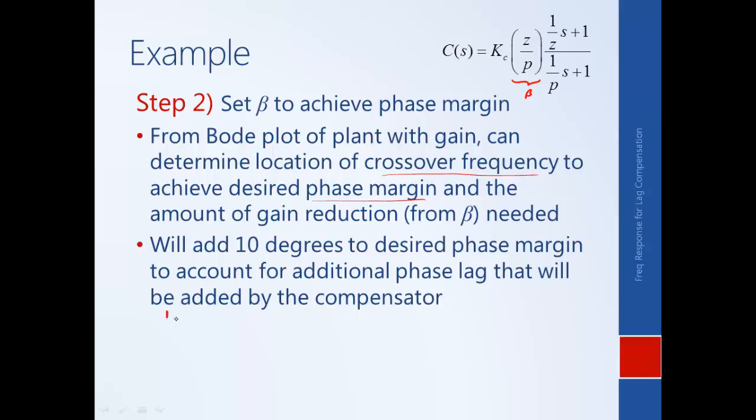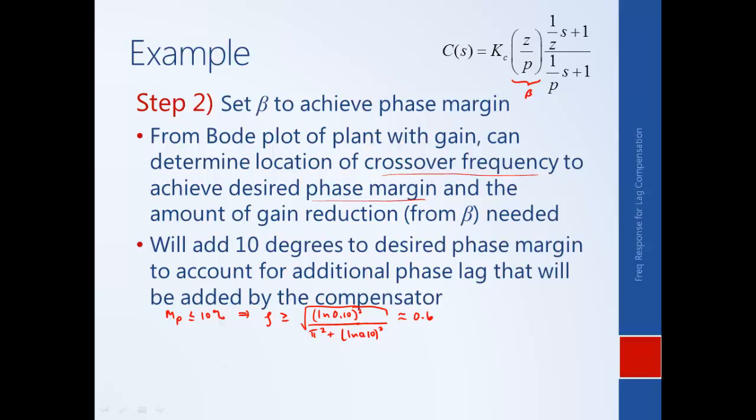So in this case, we desire that the overshoot be less than 10%. And so that means that we need the damping ratio to be greater than this quantity. So if we punch that into our calculators, we get that the damping ratio needs to be greater than approximately 0.6.